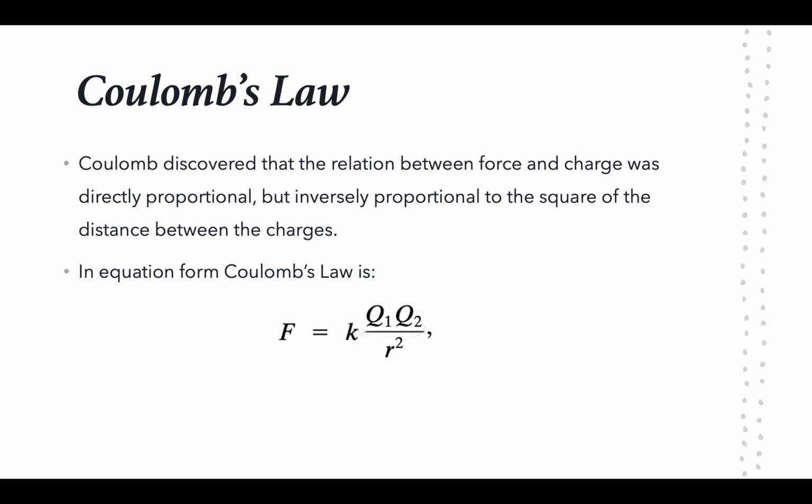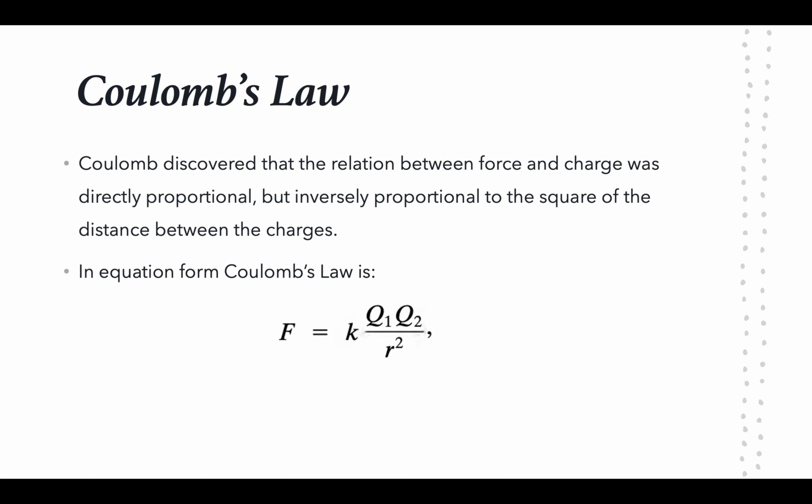If the object is a particle, then there's no need to worry about it. But if the object is a charged sphere, then we have to look at the center of that sphere, not just the edge. So be very careful and very attentive about that.